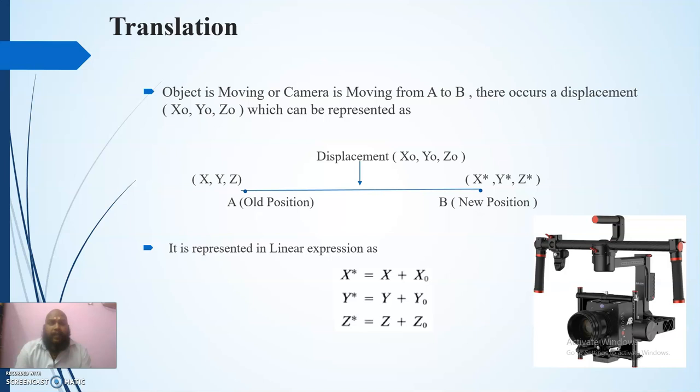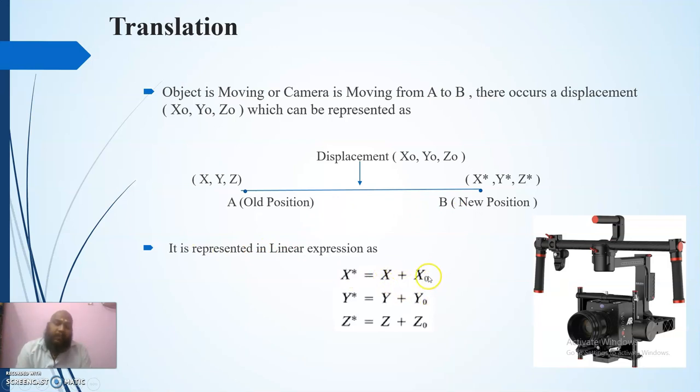Here the movements will be either left or right, front or back, top or bottom. So in this way, linear displacement happens. Mathematically, we can represent this in a linear expression as x star equals x plus x naught.